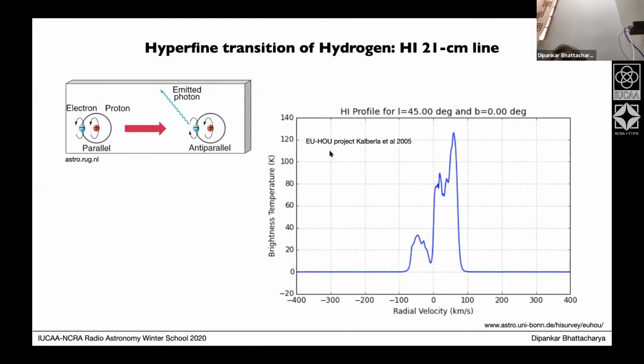And wherever there is a concentration of gas, the corresponding relative velocity will be highlighted in this H1 profile. So in fact, you can then work back and map the distances to these gas concentrations using the rotation profile of our galaxy. So basically, what this profile is showing is that the gas is distributed in clumps at different distances from us, and each of these different distances has a different relative velocity with respect to us.